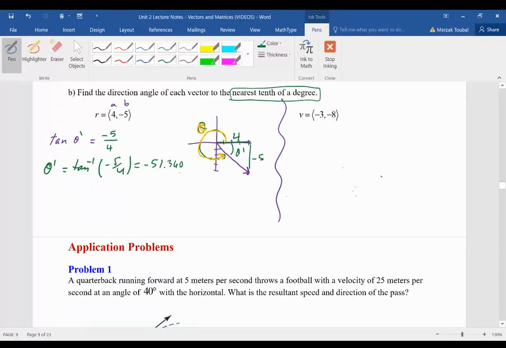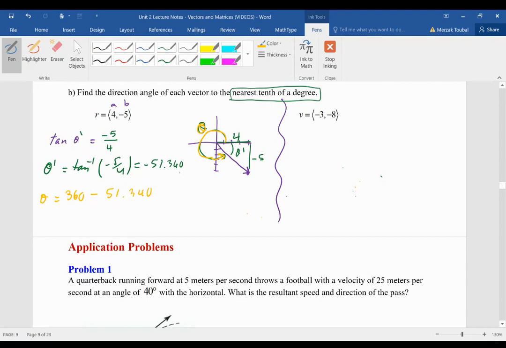We should do that for the final answer because we haven't found theta yet. So now theta, which is in yellow, should be 360 degrees minus 51.340. It's the 360, the entire circle, minus theta prime.